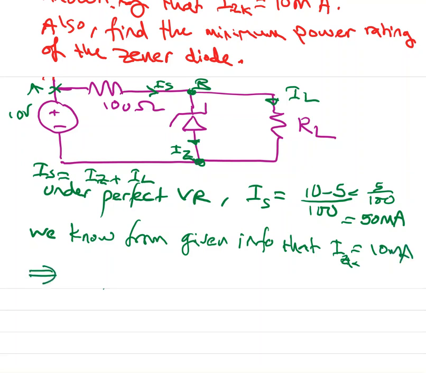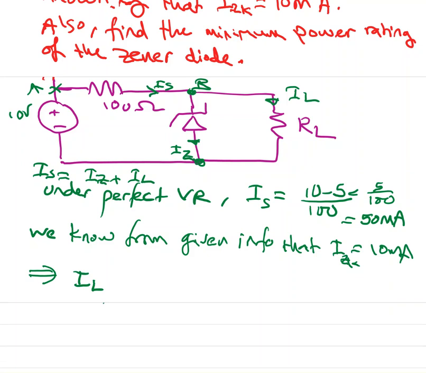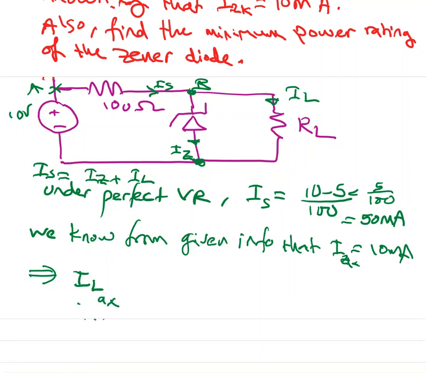This implies that IL, which is the maximum value we can get, will be equal to IS minus IZK, which is 50 milliamperes minus 10 milliamperes, which is equal to 40 milliamperes.